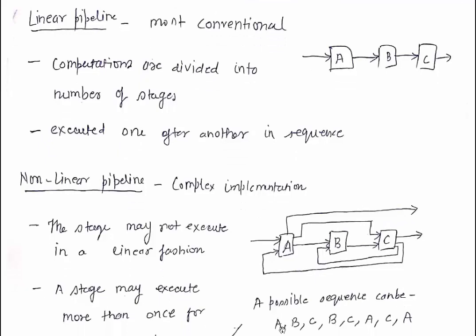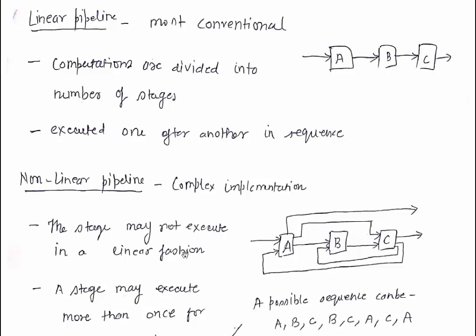A possible sequence can be A B C, B C, A C A. So A is executing, it goes to B, it goes to C, then again it comes to B, then it feeds the output to the C input, then from C it comes to A, then from A it goes to C, and from C it again goes to A. This is how the implementation becomes complex, because you do not know where the input should be fed.